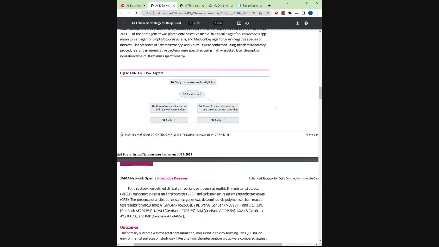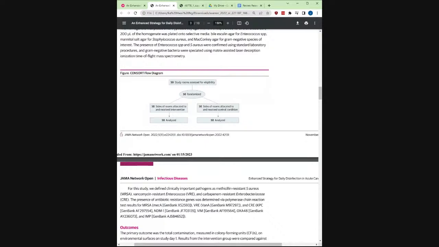So it's very equal. Now, sometimes when I do journal club with nephrology fellows or residents, they say, oh, there's only 50, the sample size is so small. Remember, the sample size is not based on the number of patients. The sample size calculation is based on the number of outcomes and events happening.